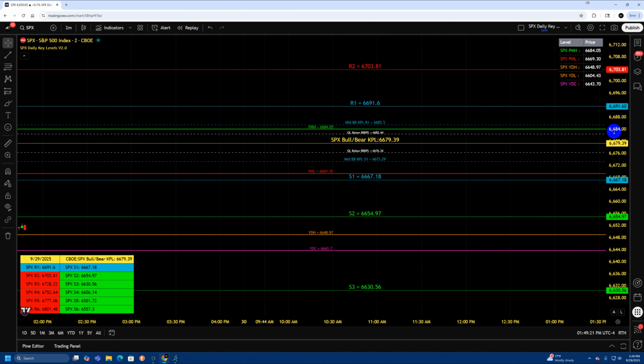The levels that show up as default on startup with this indicator are the PMH, PML, YDH, YDL, and YDC. So that's the SPX pre-market high, SPX pre-market low, SPX previous day RTH session high, SPX previous day RTH session low, and SPX previous day RTH session close.